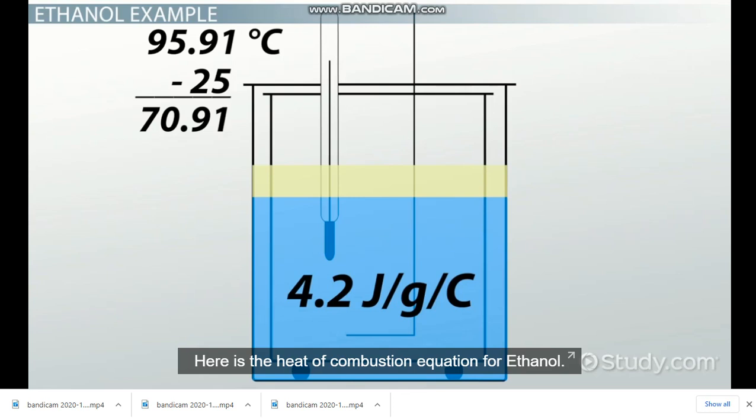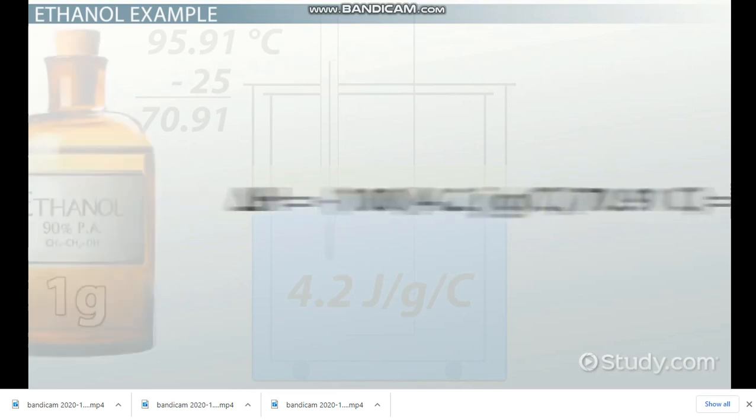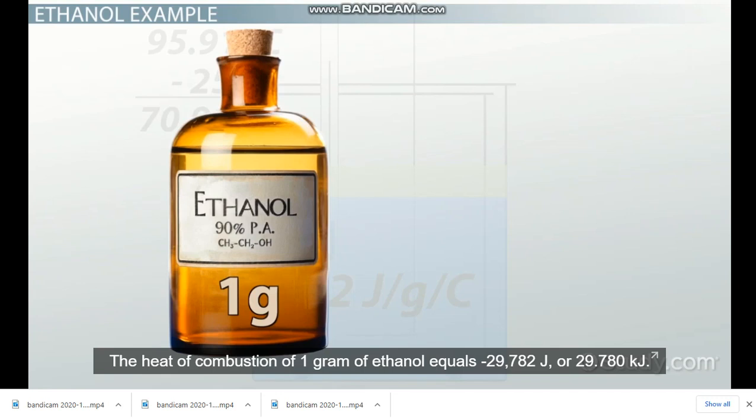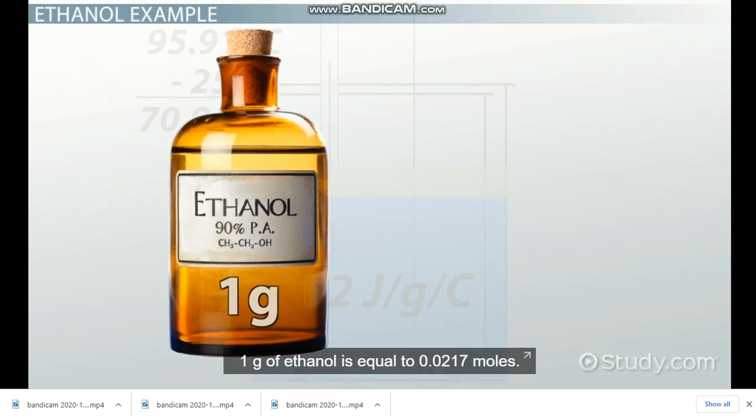Here is the heat of combustion equation for ethanol. Change in heat equals negative 100 grams times 4.2 joules per gram degrees Celsius times 70.91 degrees Celsius equals negative 29,782 joules. The heat of combustion of 1 gram of ethanol equals negative 29,782 joules, or 29.78 kilojoules. 1 gram of ethanol is equal to 0.0217 moles.